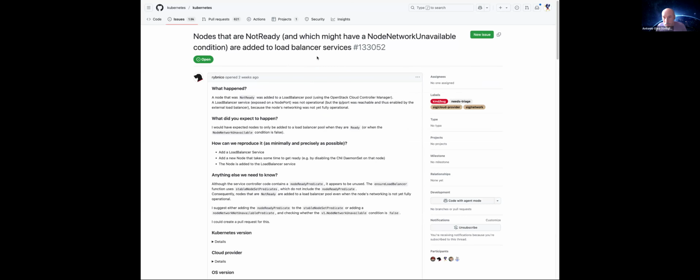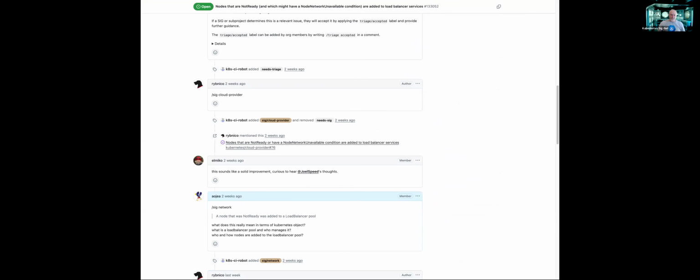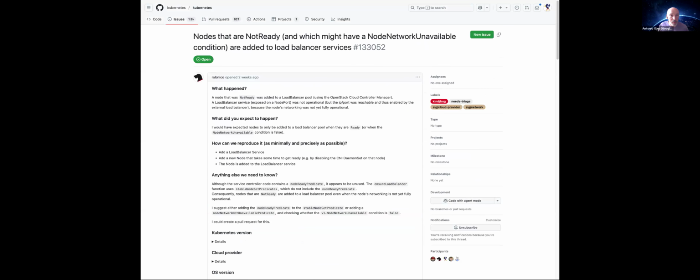The nodes that are not ready, which might have a node network unavailable condition, are added to the load balancer services. I was going back and forth on this with the person that opened the issue.